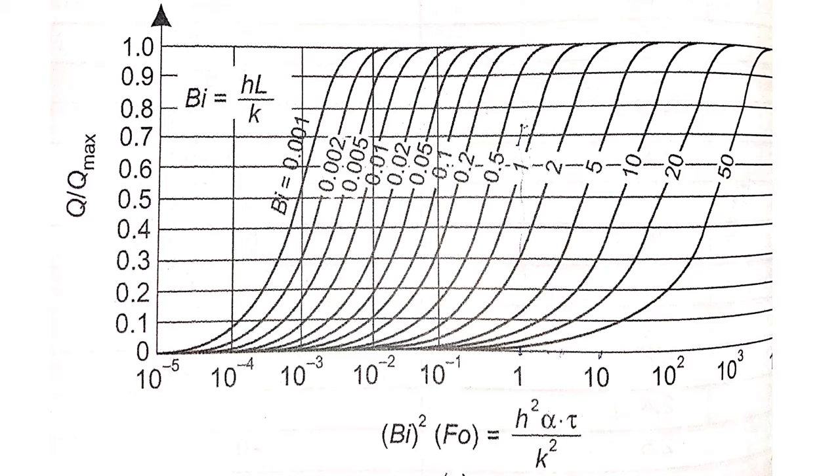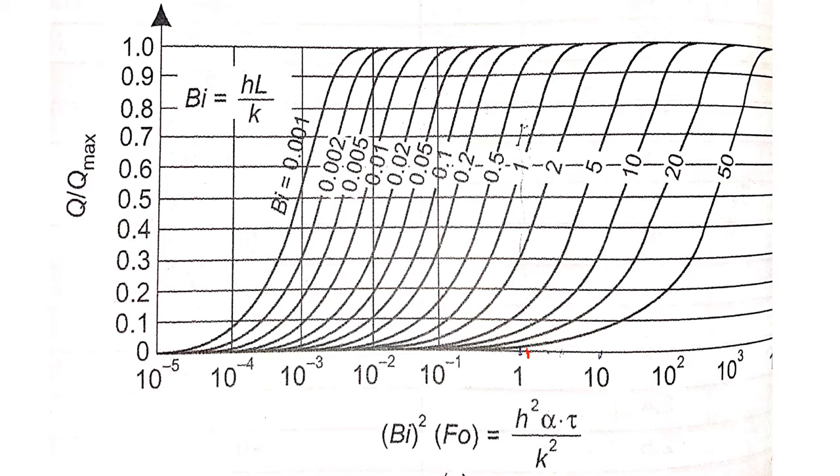Here it runs from 1 to 10, so 1.457 will be somewhere here. Let me mark it here.